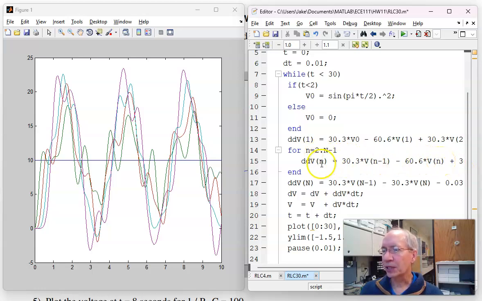The two oddballs are the endpoints. At the left endpoint, Matlab really hates the index 0, so I'm going to use v0 rather than v of 0. v of 0 will crash Matlab. And the other oddball is the last endpoint. Again, this is a little bit different because there is no node 31, so the 60 becomes a 30.